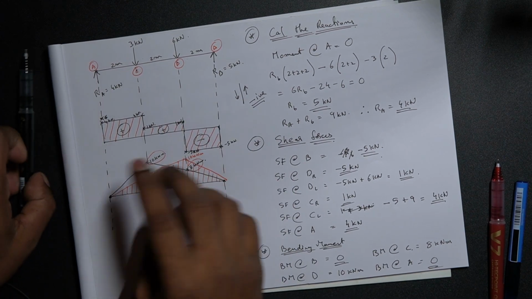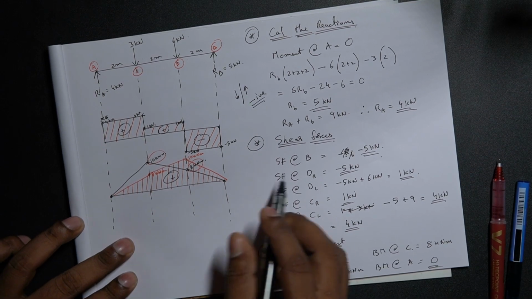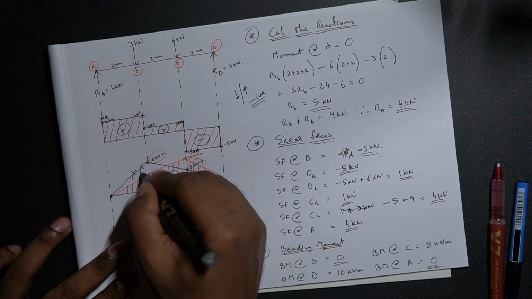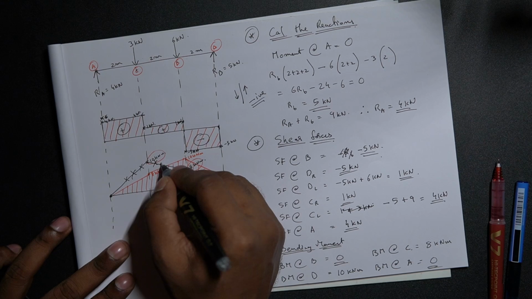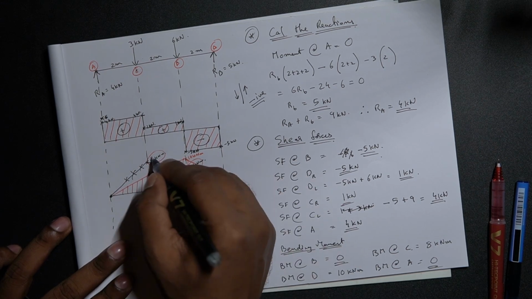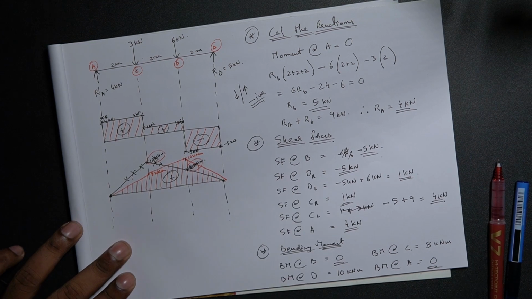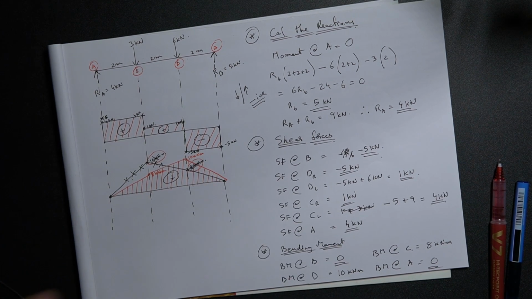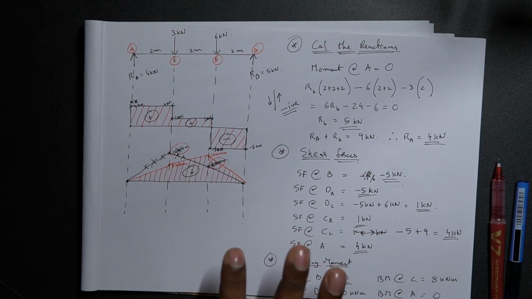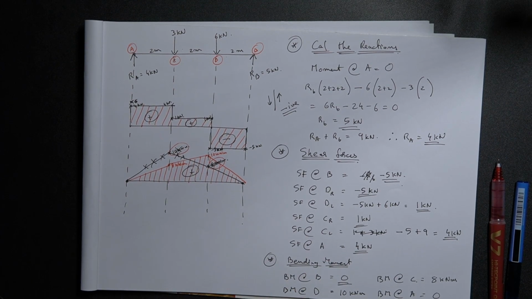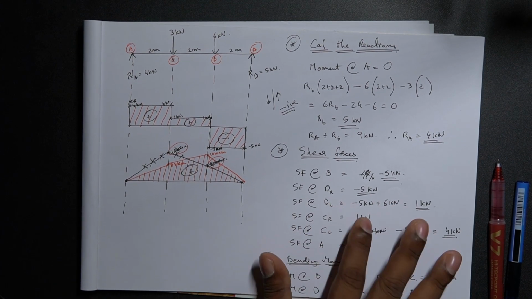Since everything is happening above the x-axis, it's all positive. You can disregard this black line. This is how you draw a shear force and a bending moment diagram for a simply supported beam that is subjected to point loading.